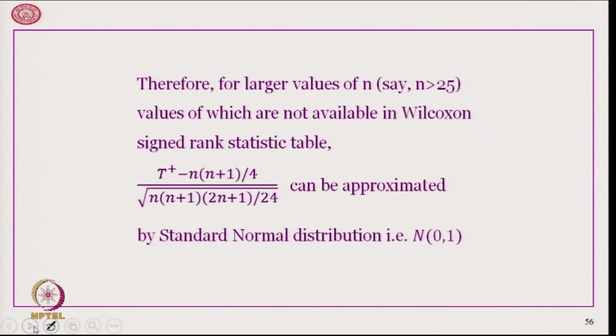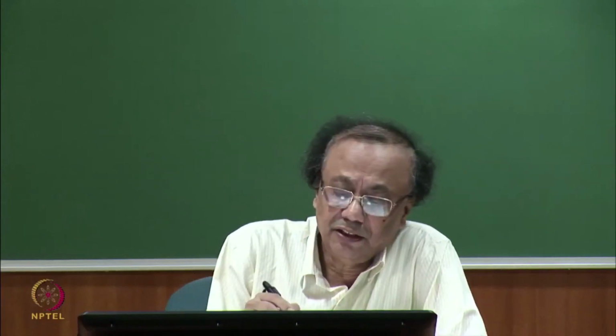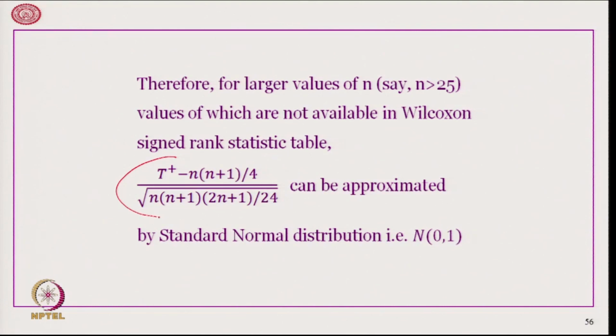Therefore, for larger values of n, say n greater than 25, values of which are not available in the Wilcoxon signed rank statistic table, we have to approximate with the following statistic: T plus minus n into n plus 1 by 4, which is the mean, divided by the square root of n into n plus 1 into 2n plus 1 upon 24, which is the variance, so its square root gives us the standard deviation.